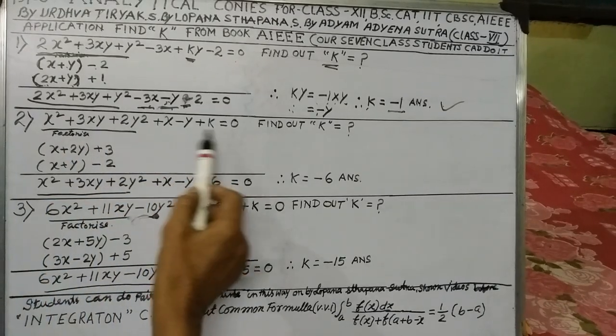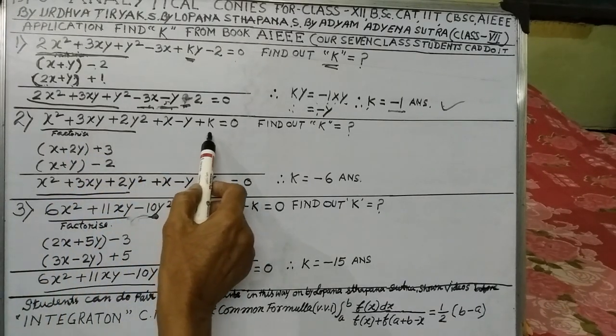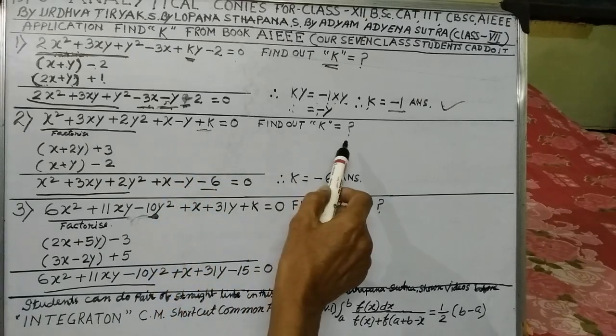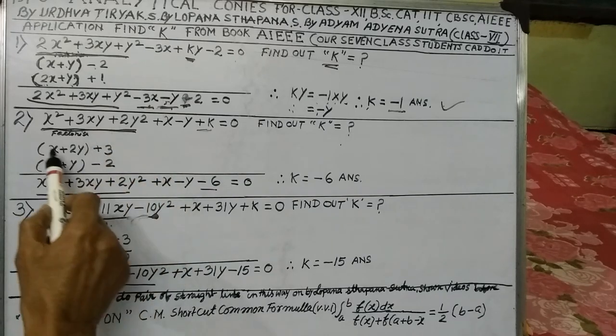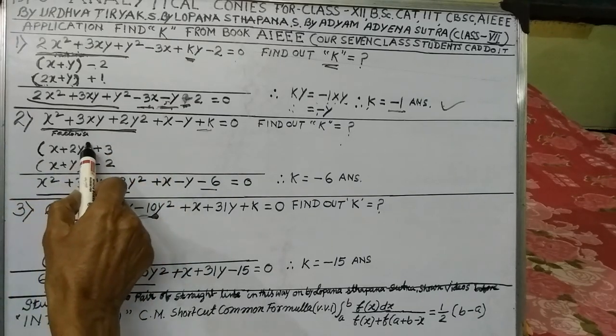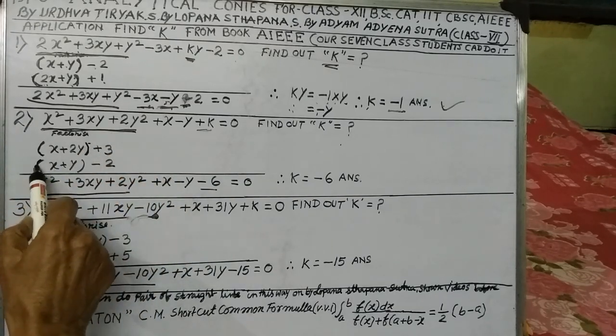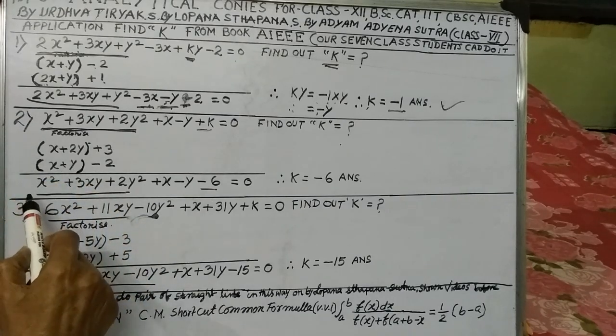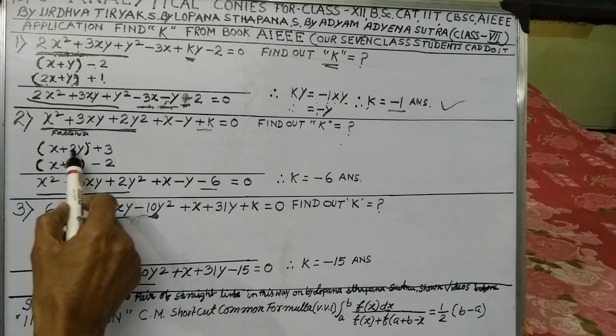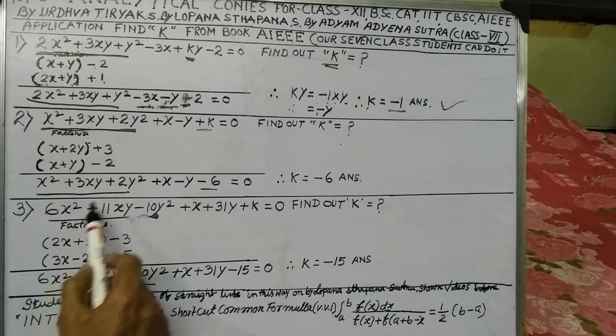Now second one. Here also we have to find out what k is equal to. At first we will factorize it, and up and down orally we can do it with the help of our Vedic Sutra, that is x plus 2y, x plus y.